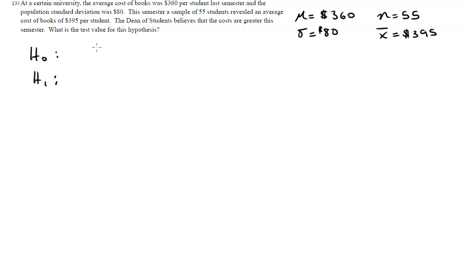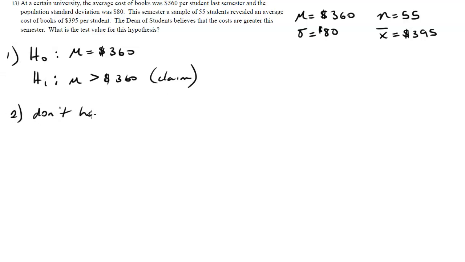Null hypothesis is that population mean is right at the same, $360. But the dean of students believes, which is what we're testing, that the costs are greater than $360. That's the claim of the dean of students. That's step one. Step two, we can't do. We don't have alpha. So we can't do that.